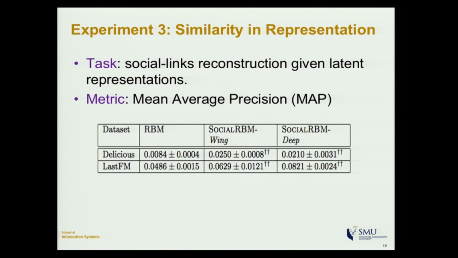And here the results show that both our proposed models have higher link prediction, link reconstruction, than the RBMs. So this means that it brings the users who have connections in the network closer by the diff and the shared structures.